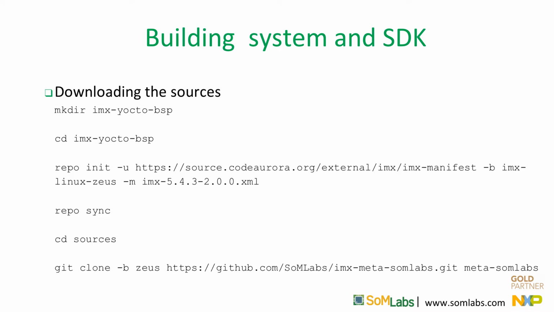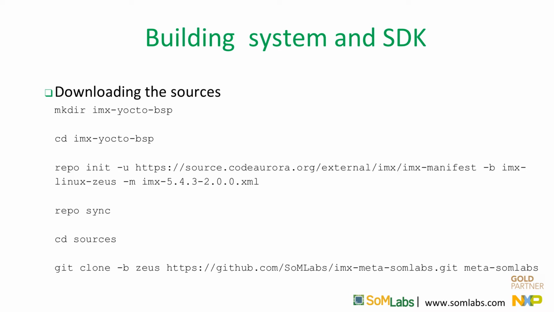Now we can download the sources using the repo tool, which makes it easier to work with multiple repositories. Thanks to it, with a single repo init command, we can get everything that is needed for compilation.